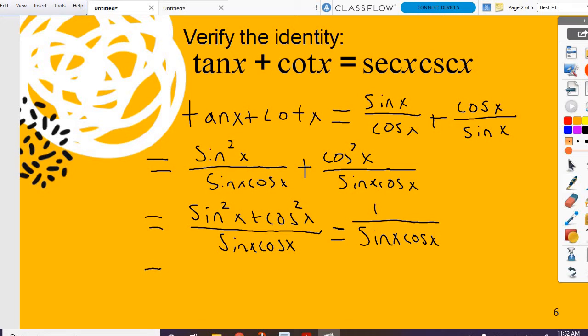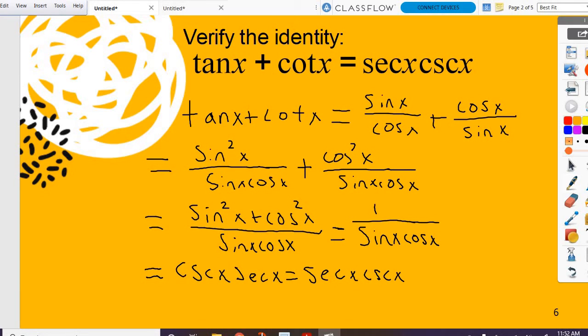So what is 1 over sine? Cosecant. And 1 over cosine? Secant. This is multiplication, so just like 2 times 3 is 6 and 3 times 2 is 6, I can switch my order and we get what we wanted to have.